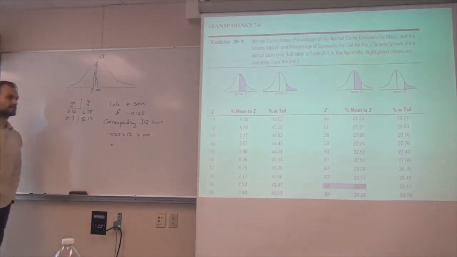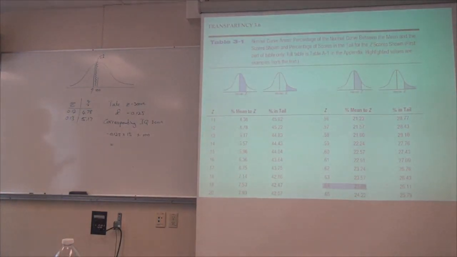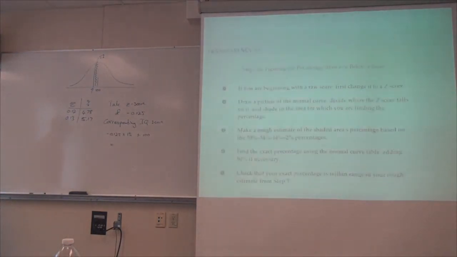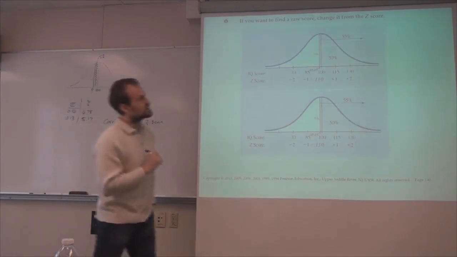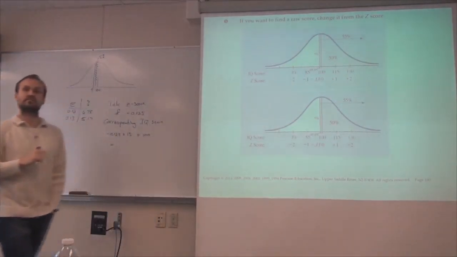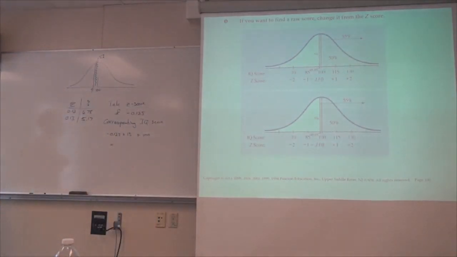What do I get? Should be something just under 100. All right. Let's just verify what they do, because we've seen that it's not always completely accurate. Is it 98.05? Let's just check.